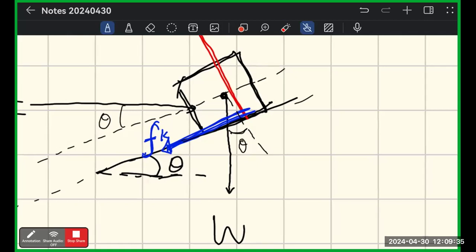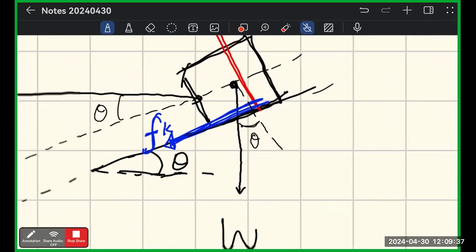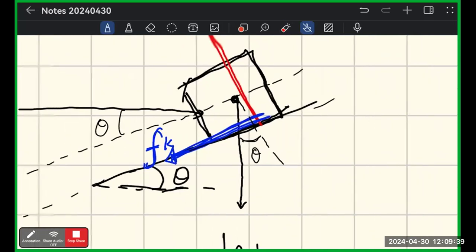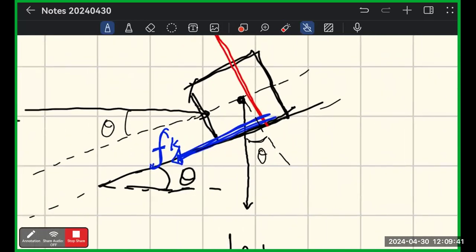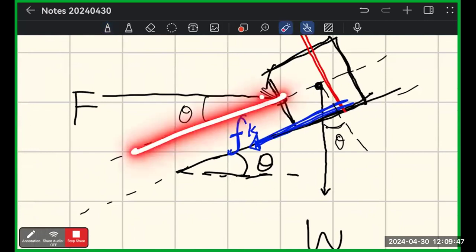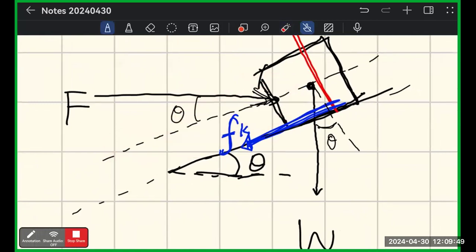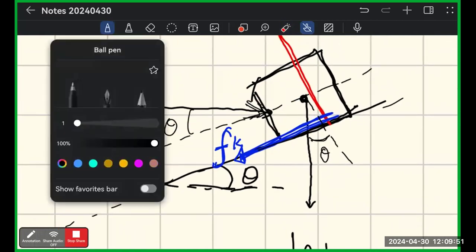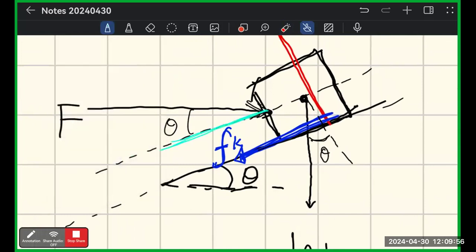Okay, so the arrow is pointing here. To project this F, you have F cos theta pointing upwards. I'll draw it in green. This one is F cos theta.